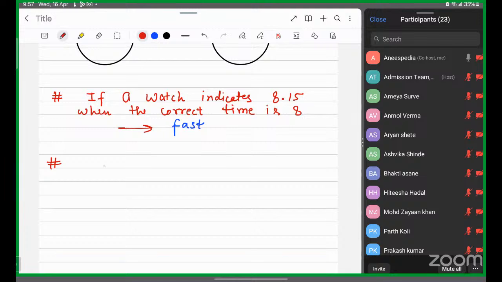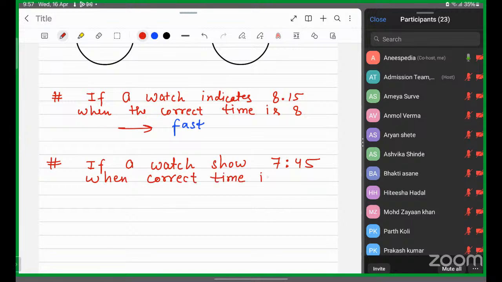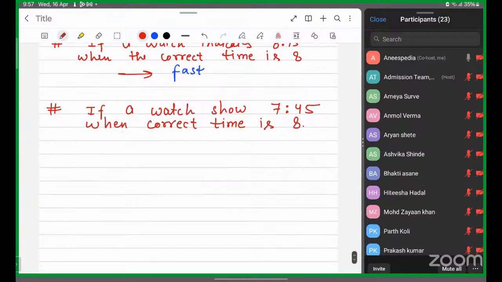If a watch shows 7:45 when the correct time is 8, is it slow or fast?